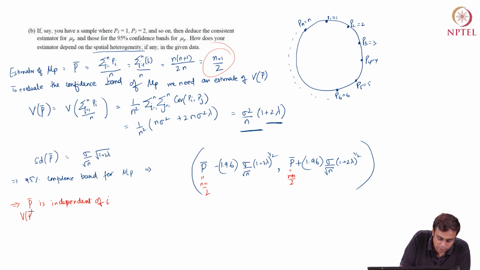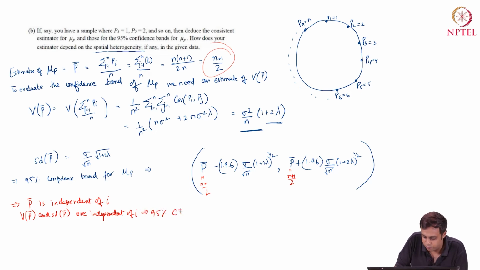Furthermore, variance of p bar and standard deviation of p bar are independent of i, and by extension, the 95% confidence bounds or the confidence interval is also independent. Well, it's not mu p, it's supposed to be p bar, because mu p is a truth, it's constant. So the confidence interval will be for p bar.